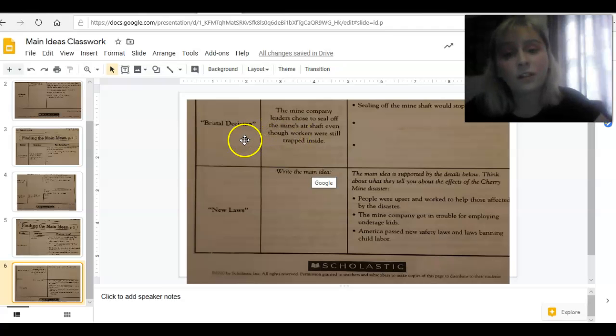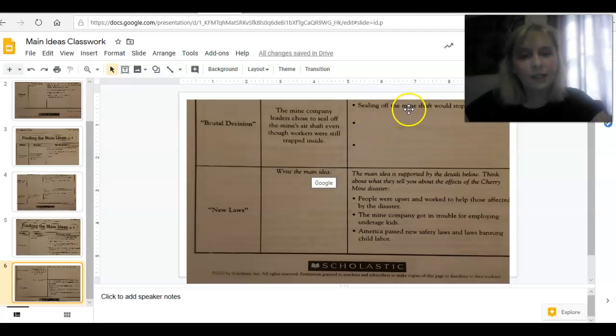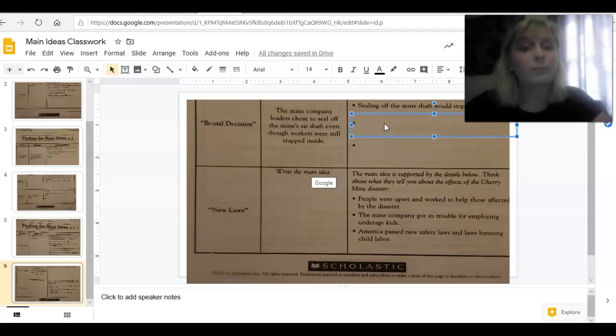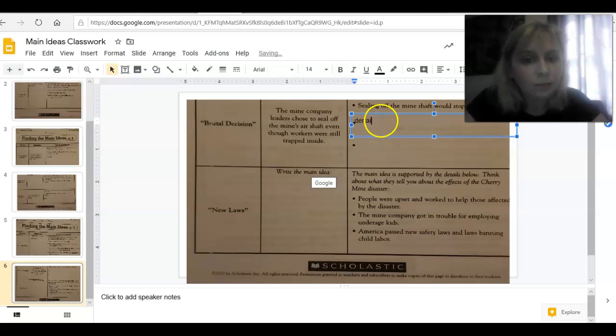I think brutal decision is a pretty good subheading because they did make a brutal decision, and that's what that whole section is about, making a decision which was kind of brutal and caused suffering for people. All right, they've already given us 1 detail from that section, and you need to find 2 more which support or prove that the mine company leaders chose to seal off the air shaft and there were people still inside. And once you come up with your details, you just type them in here.